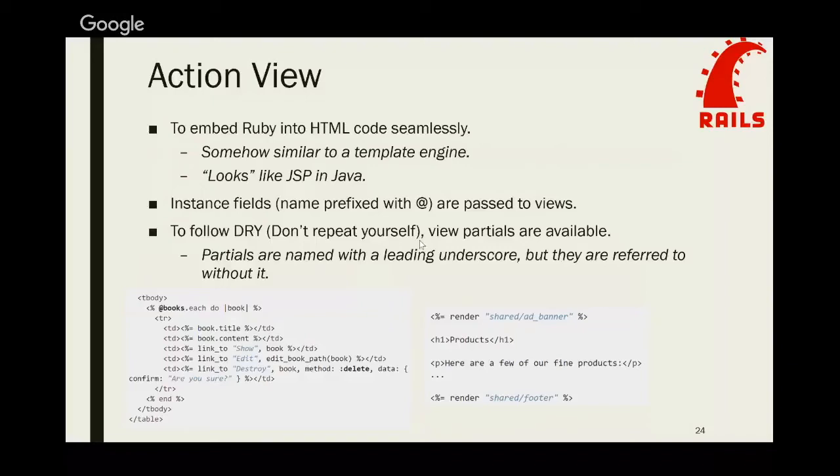So when we call shared/footer, the actual file will be _footer.html.erb. This is a common mistake, because some beginners will think they already called render, but why is the partial page still not showing? Because although when you call this method there is no underscore, when you really name that file, there should be an underscore at the beginning of the file name.